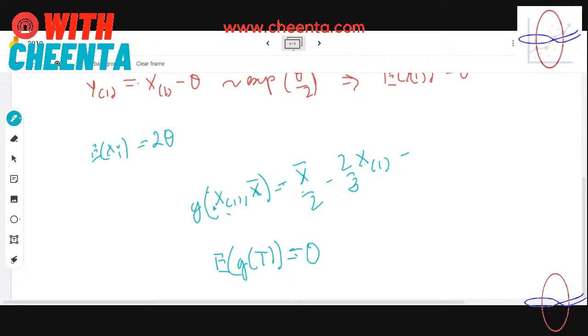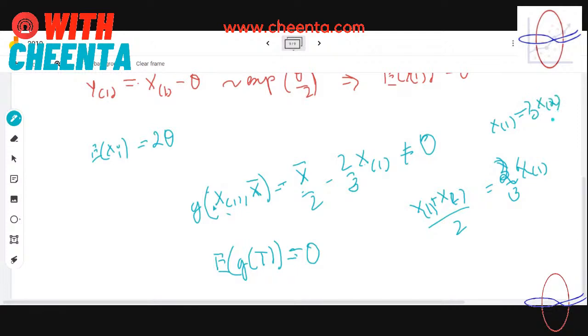But observe that g is not identically 0, because otherwise x bar by 2 would equal 2 by 3 x1, which doesn't make sense and is not true. So we get x1 equal to thrice x2, which is not true.